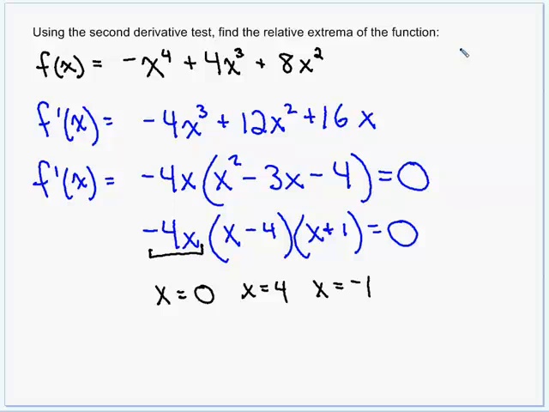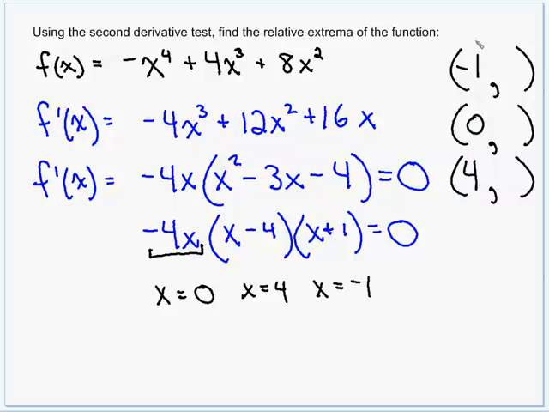So remember, these critical numbers are x values of our extrema. And we're trying to find these extrema, so what we have here now at least is the x values. So negative 1, 0, and 4 are our x values. And if we want to find the y values, the exact coordinates of these extreme points, we would plug these x values back into the original function.